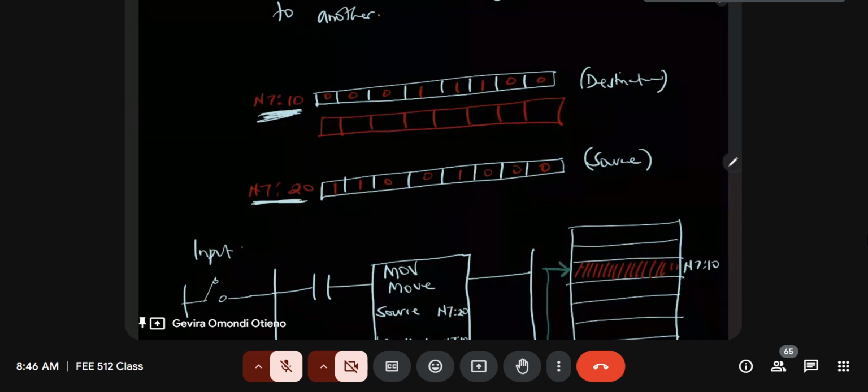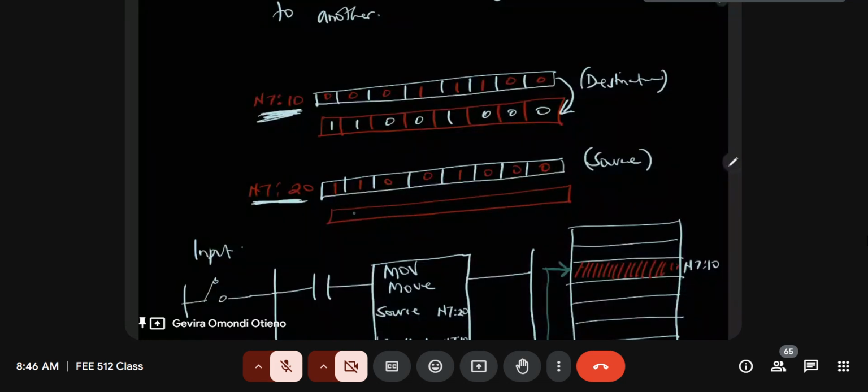The content would be what was in the source, which is 1, 1, 0, 0, 1, 0, 0, 0. So you see that whatever was here has now changed. But whatever we had in the source remains the same. Nothing changes there. So a move operation is like a copy paste.